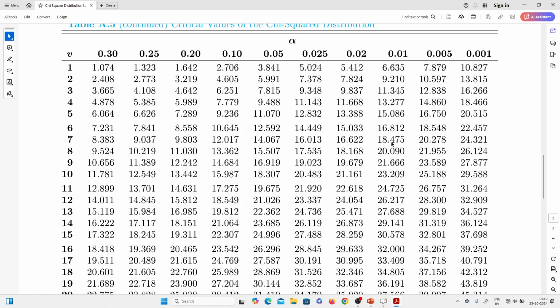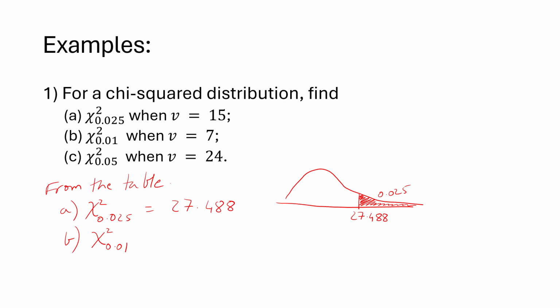So it is this one: 18.475. So here you have 18.475, and this is only 1% of the area. It will be much smaller than this; I have drawn a bigger picture.